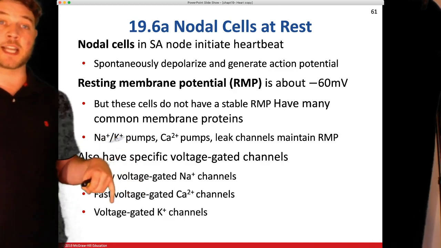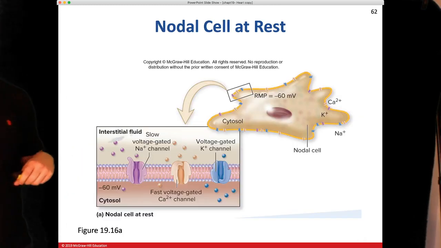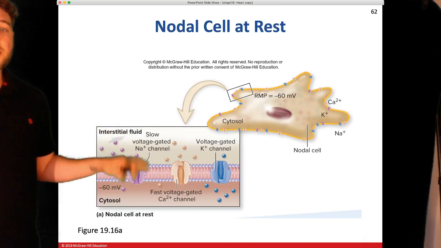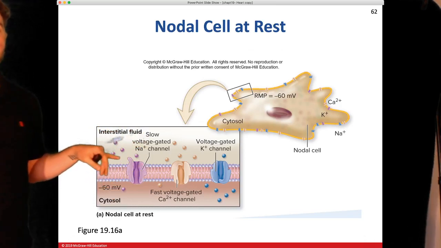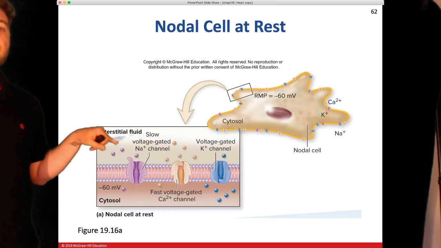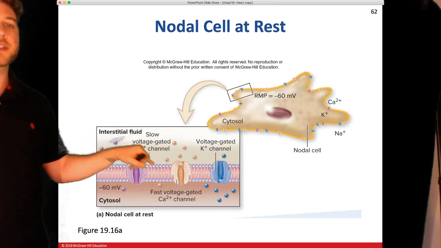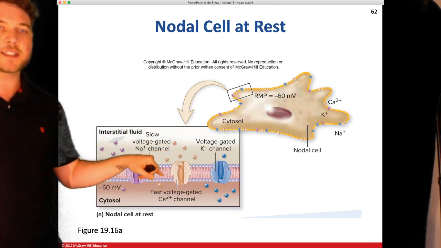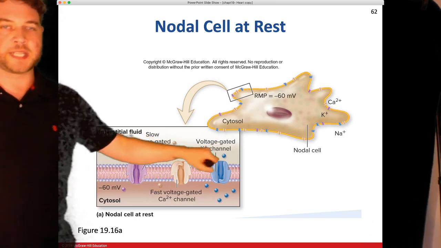Slow and fast mean exactly what you think. So in your interstitial fluid, you have your slow voltage-gated sodium channels, fast voltage-gated calcium channels, and voltage-gated potassium channels.